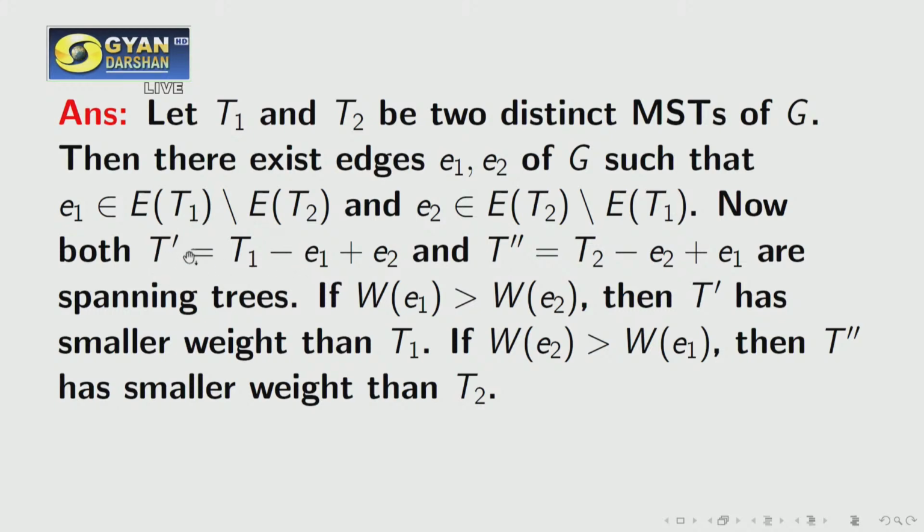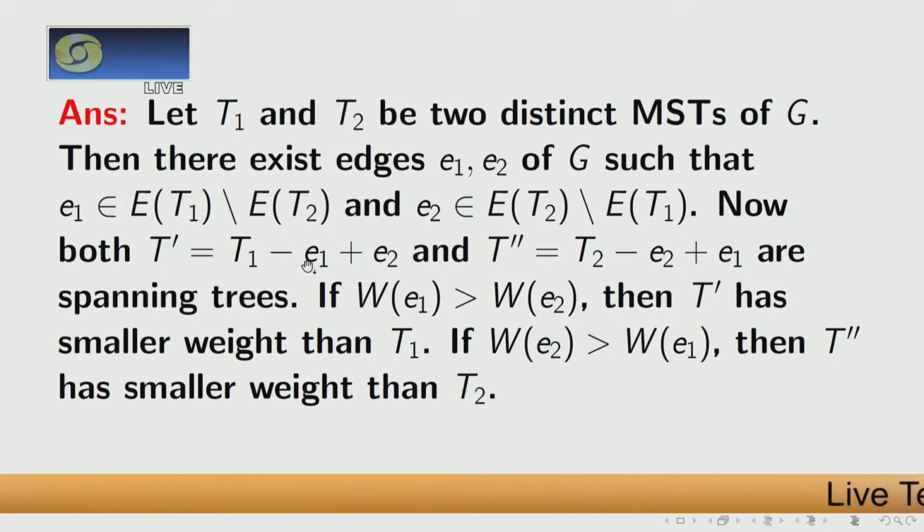So I'll just concentrate on T'. How do we get this? We have just deleted the edge E1 from T1 and added the edge E2. So there is no change in the number of edges. That means T' has the same size as T1, and also T' remains connected, because when the edge E1 is removed from T1, we are left with two components, and those two components must be connected by some edge, and that edge is E2.